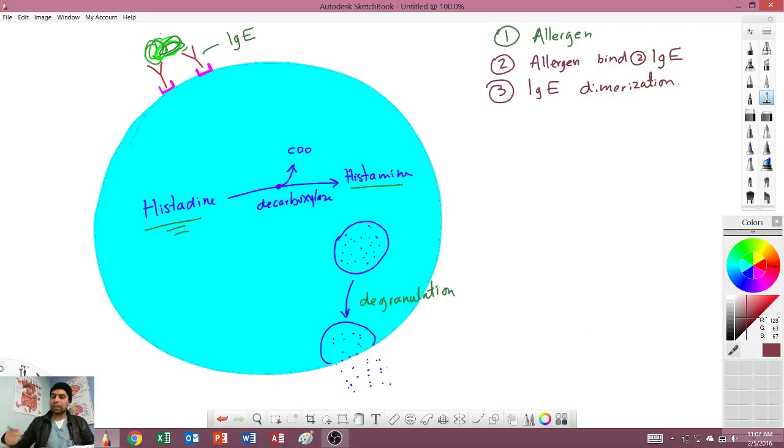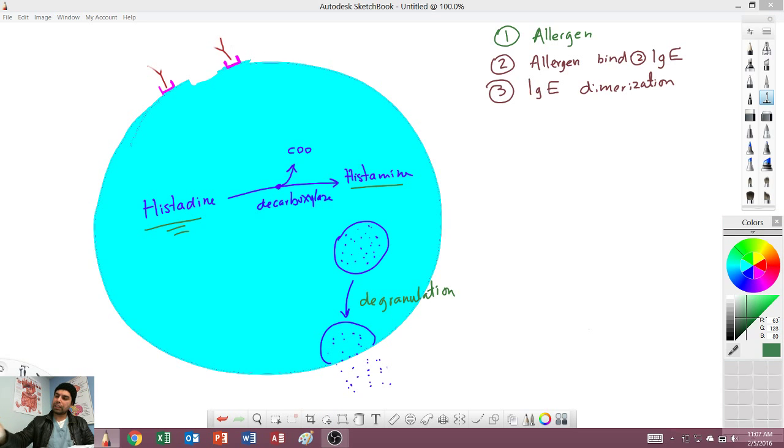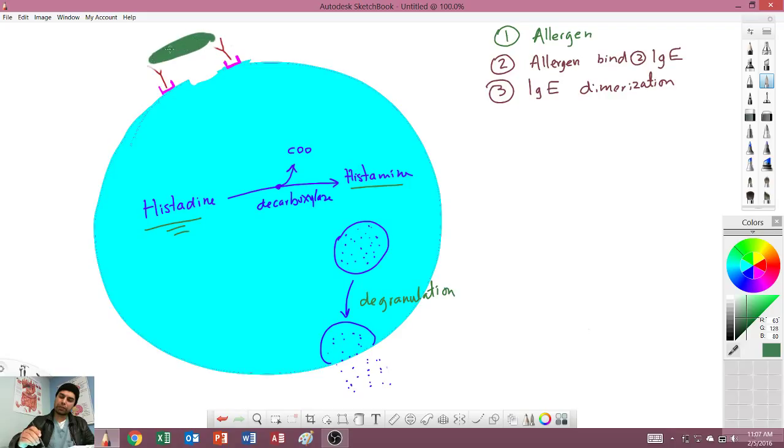Let me show you on a picture how this would be done, just to make sense. Let's say one IgE is attached on the surface here, the other one is attached there, and these two have to be occupied by the same allergen, a large one.